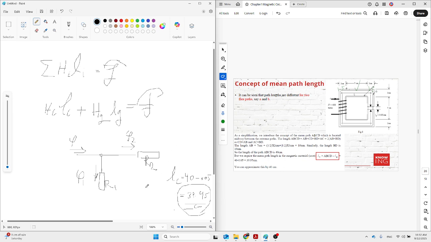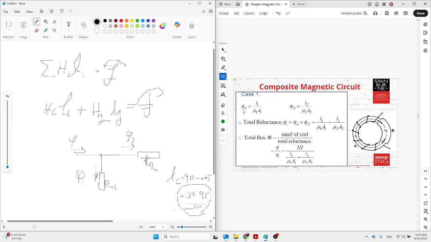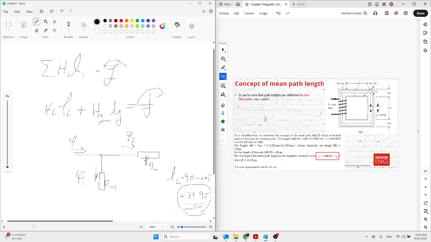Then, of course, we should consider the air gap. Don't forget that in the calculation of the reluctance, reluctance is L over mu A, correct? The air gap is very, very small, you can see the value of the air gap is 0.05.